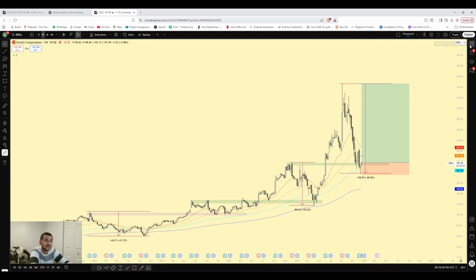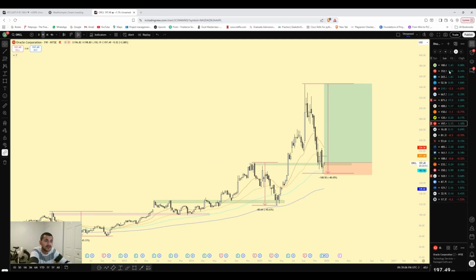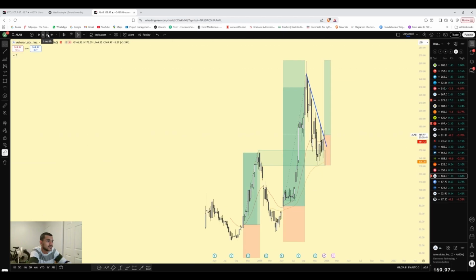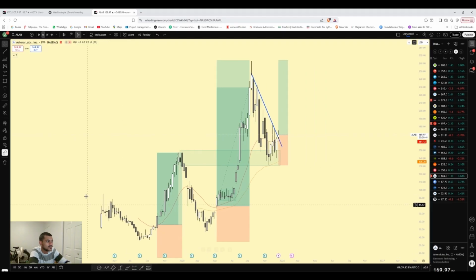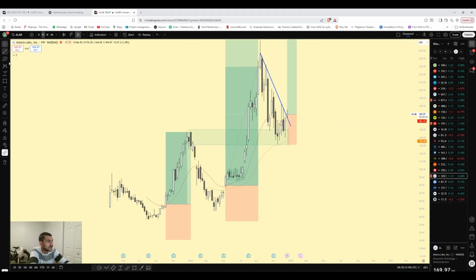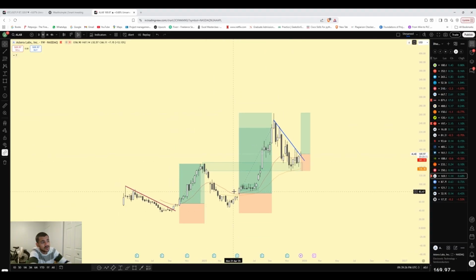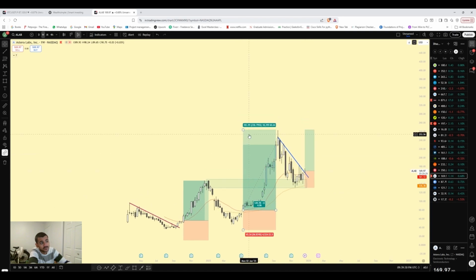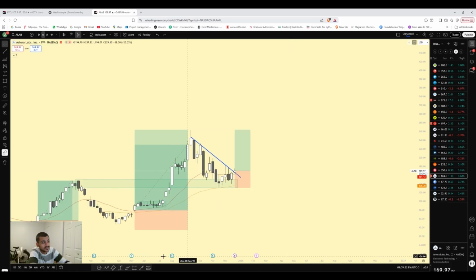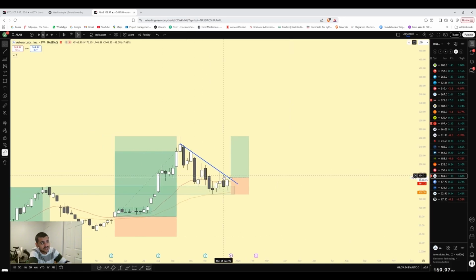Let me show you ALAB. In ALAB, you see when the price breaks this resistance and is above the 20 moving average, it gives 162% gain here. Similarly, above the moving average, it gave 230%. This time it has broken the resistance.